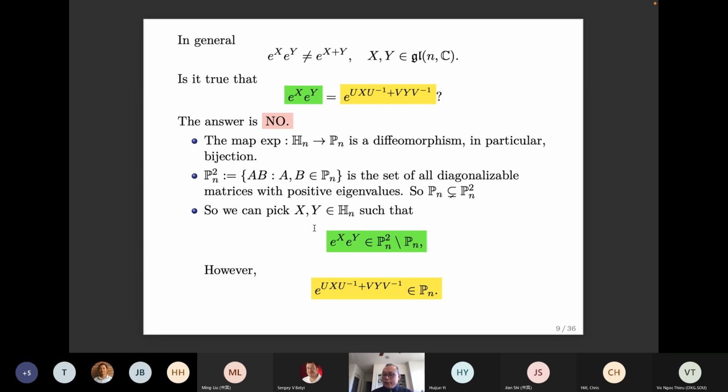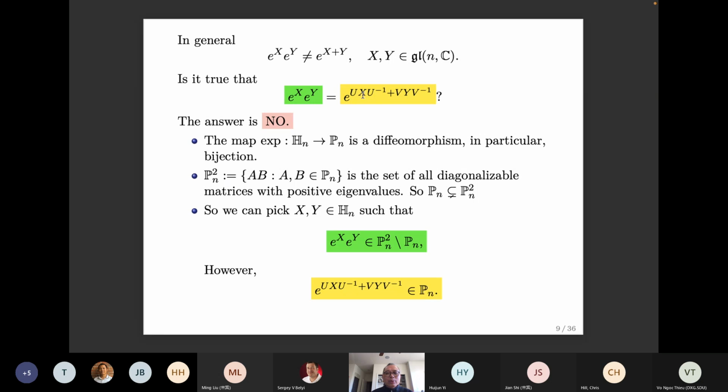Now, in general, as we already mentioned, e^X e^Y and e^(X+Y) are not the same. And then we ask the next question. Given that X and Y are n by n complex matrices, can we say the following?